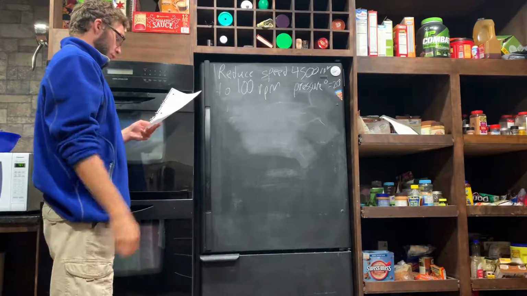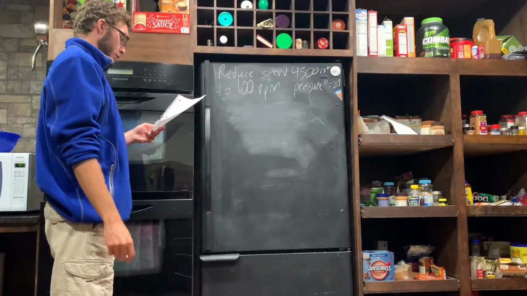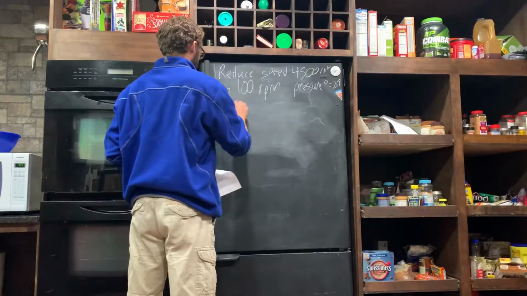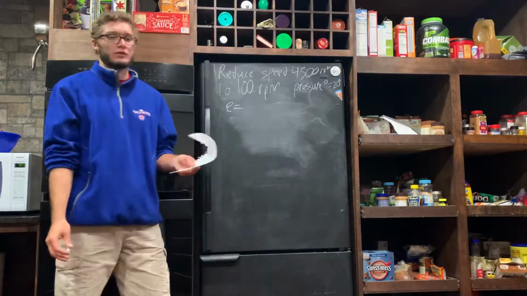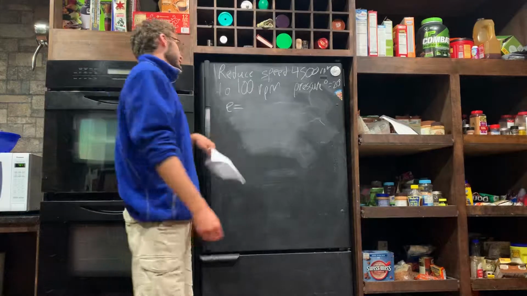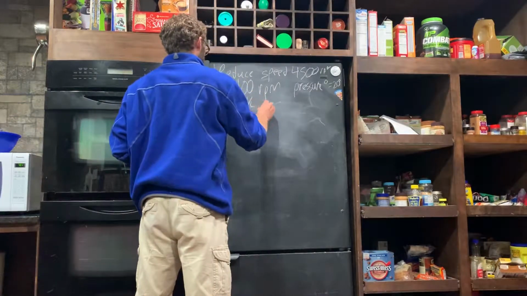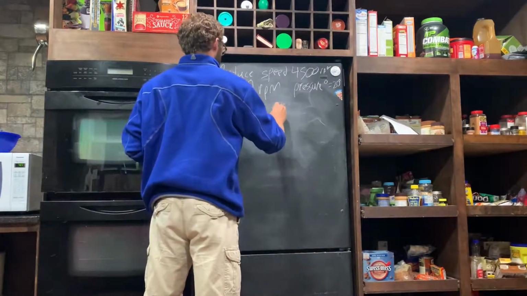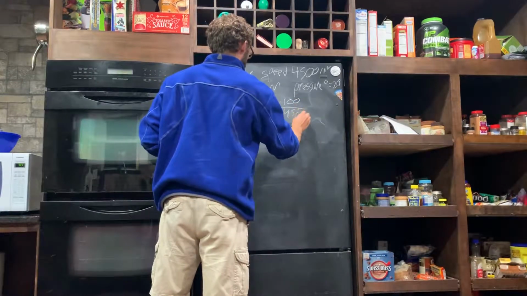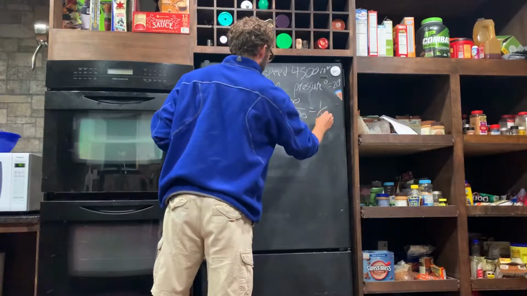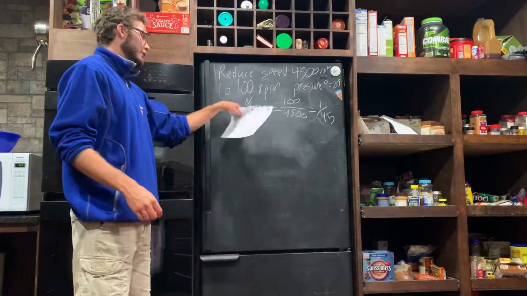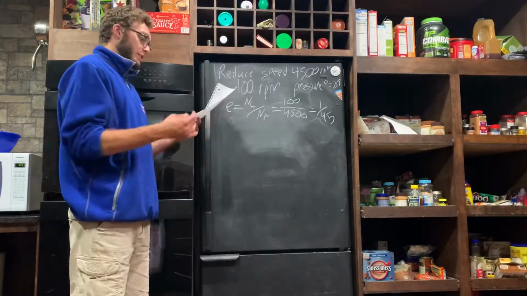To begin, we first want to know what our E value is. That's the ratio of how far we have to drop, which is the low over the fast: 100 RPM for the low, 4,500 for the fast. So 1 over 45 is our E value, in terms of the number of teeth for the low side over the number of teeth for the fast side.